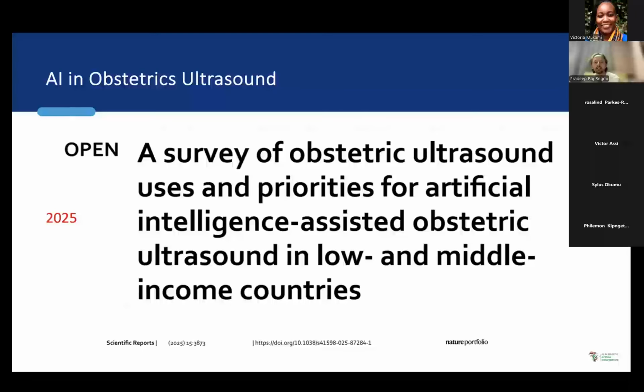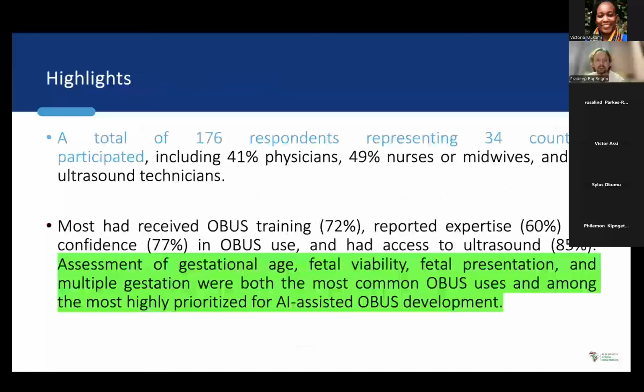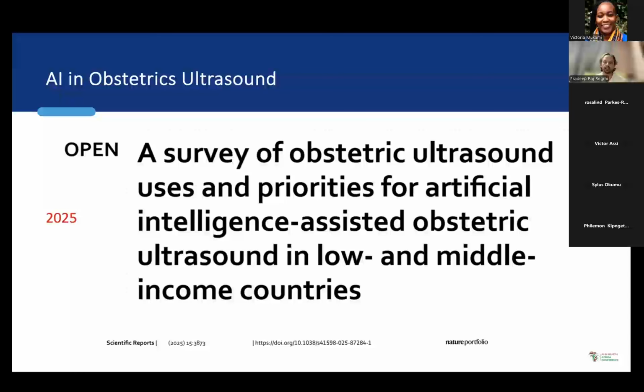There is another paper on AI in obstetric ultrasound. It was a survey asking what the priorities are for artificial intelligence assisted obstetric ultrasound in LMICs. This survey comprised 176 respondents across South Asia and countries of Africa as well.